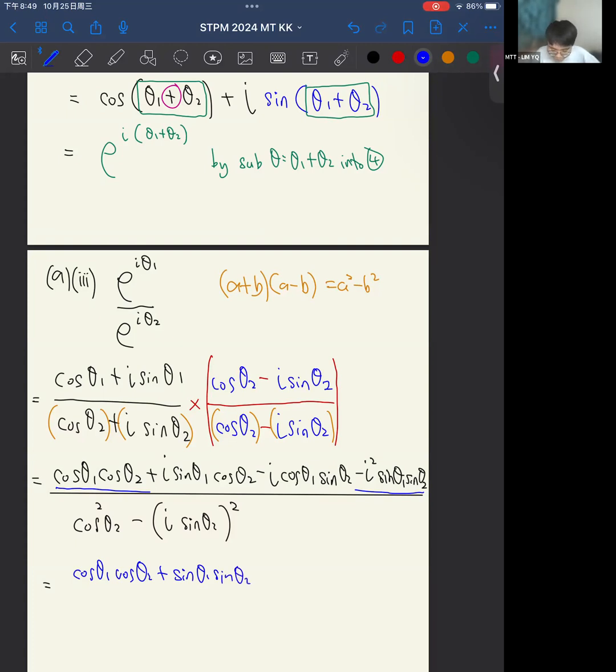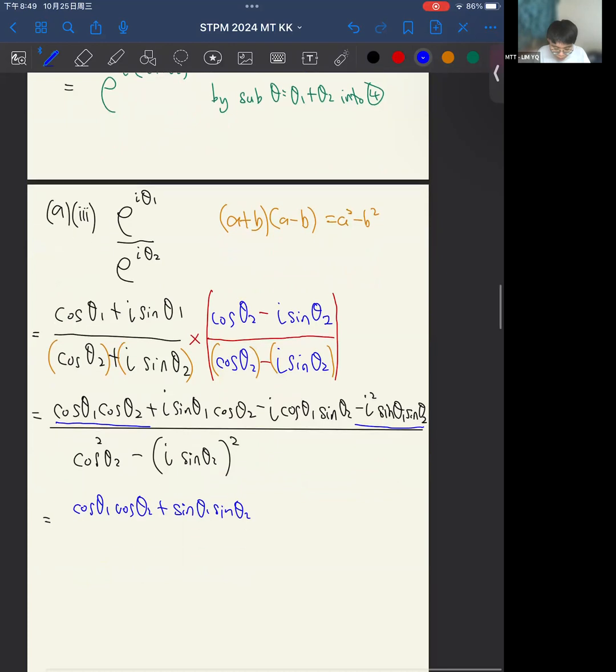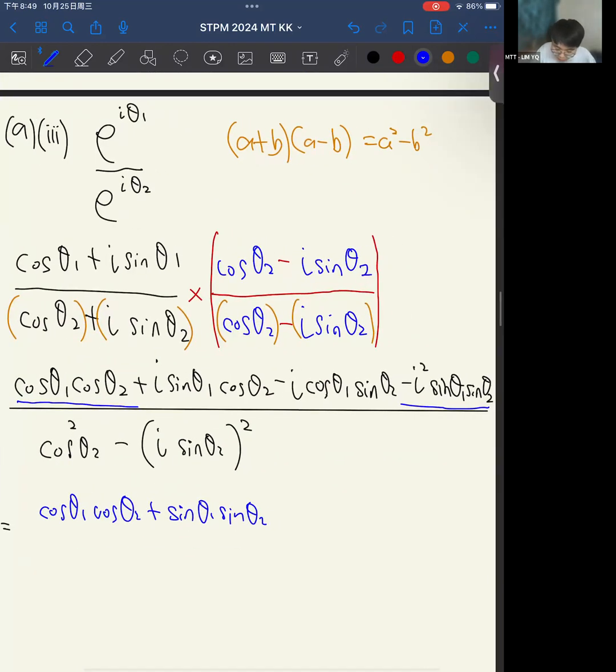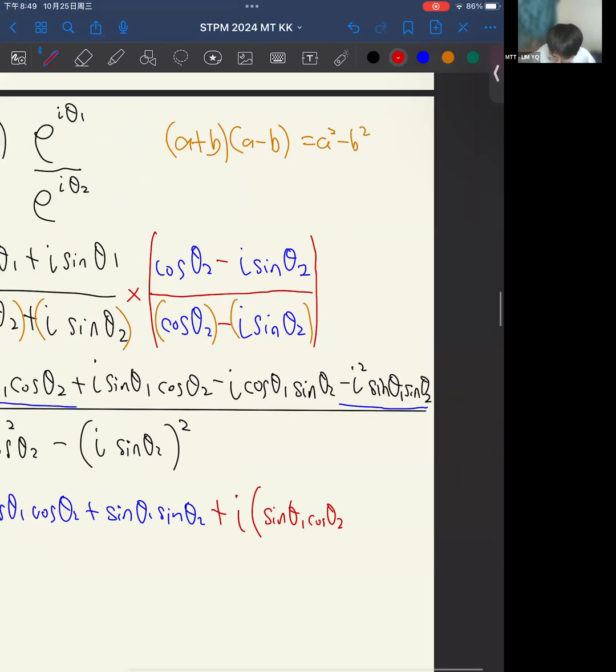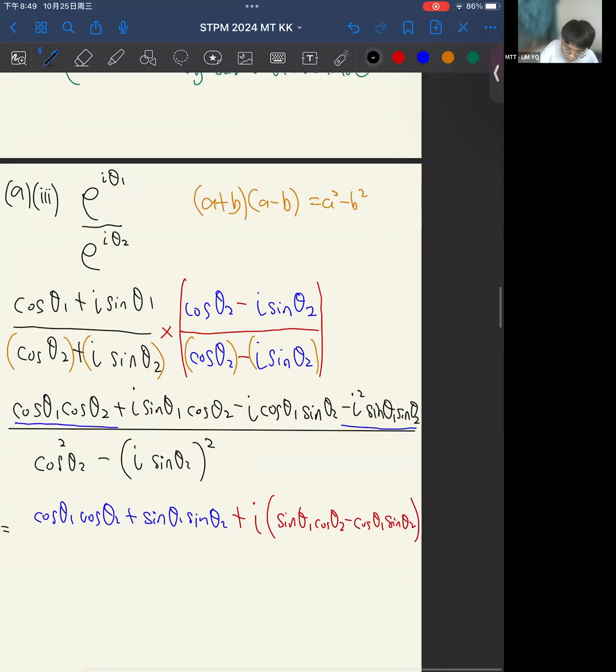Correct, right? I think I didn't make any mistake. It becomes plus. Now, the imaginary part: i times sine theta 1 cos theta 2 minus cos theta 1 sine theta 2. And then later we will use the addition formula.